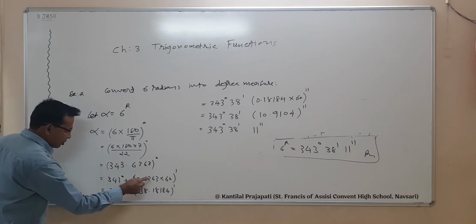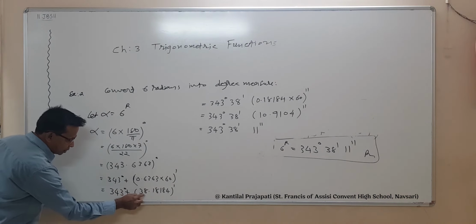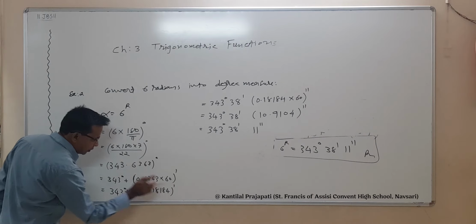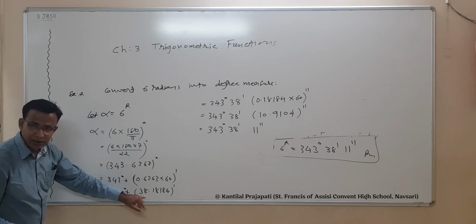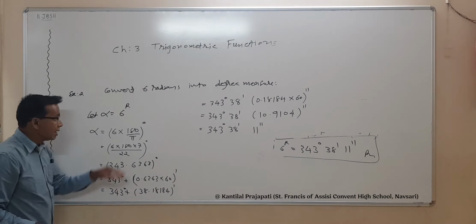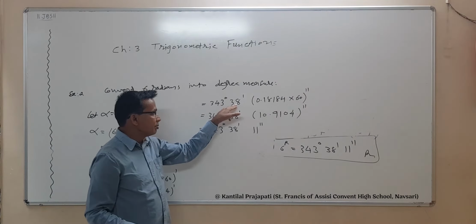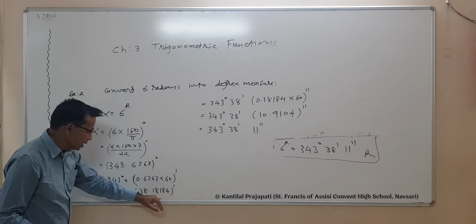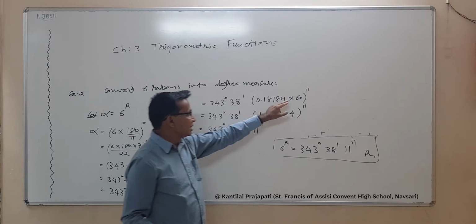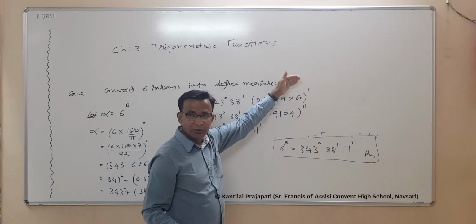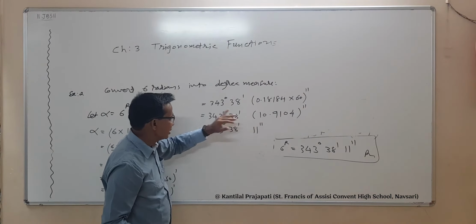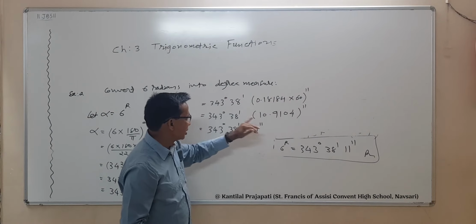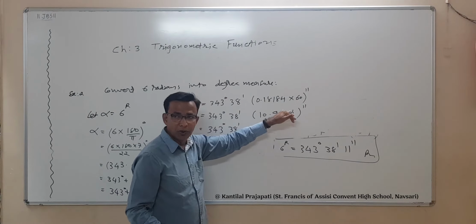The simplification of this product is 38.18184 minute. Again the integer part is 38, so we write 343 degree 38 minute, and the fraction part 0.18184 is multiplied by 60 to convert minute into second. The product is 10.9104 second.